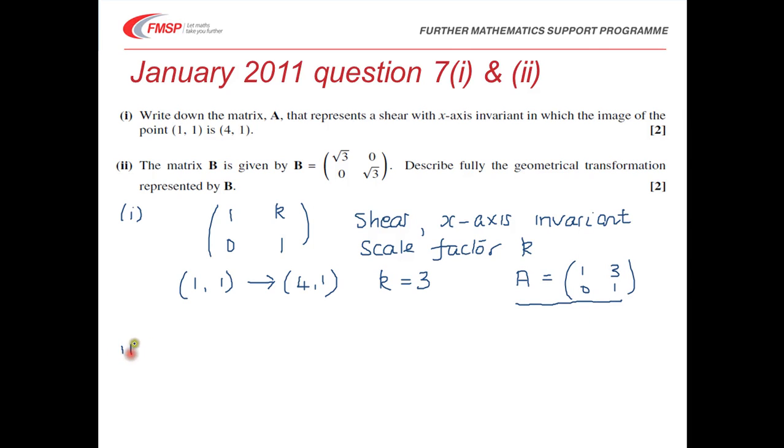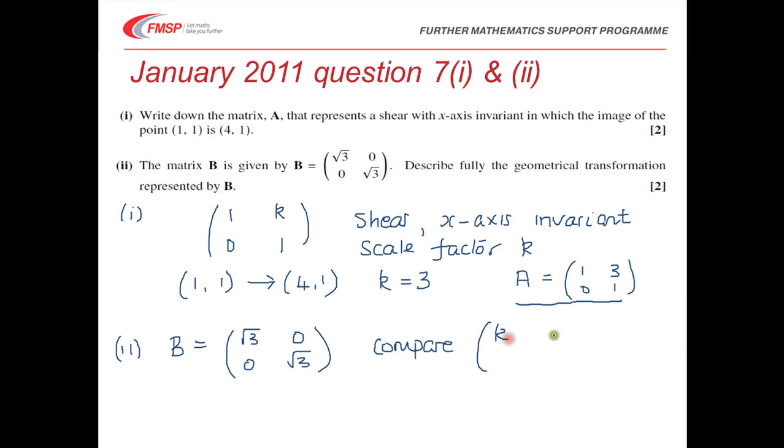And in part 2, we're given this matrix B, which is (root 3, 0; 0, root 3), and hopefully you will be comparing it with a matrix for an enlargement.